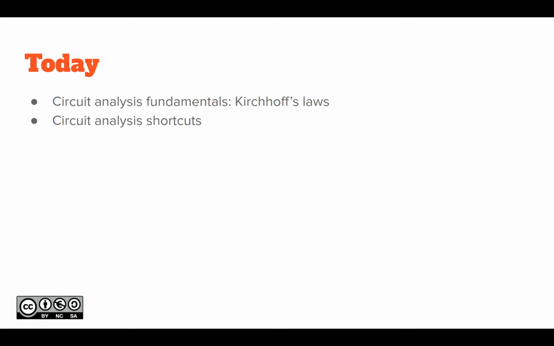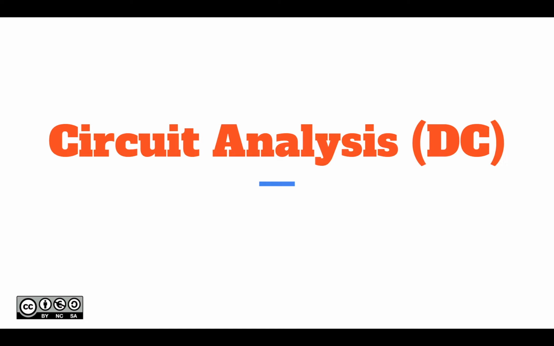Today we are going to go through a couple of things. So circuit analysis fundamentals, especially Kirchhoff's laws, and then using Kirchhoff's laws, and then circuit analysis shortcuts, which are practically the same as the last time. We just take a look at them from another view. More examples.